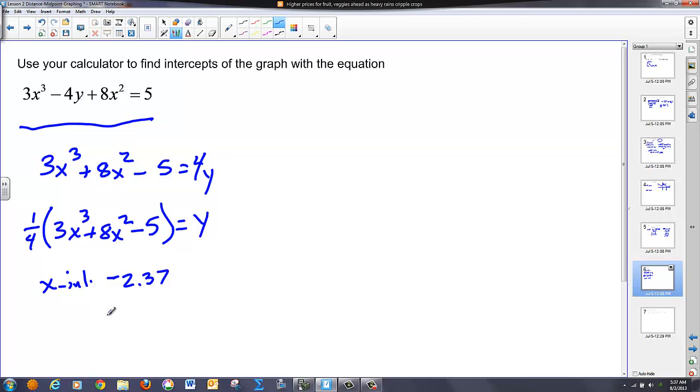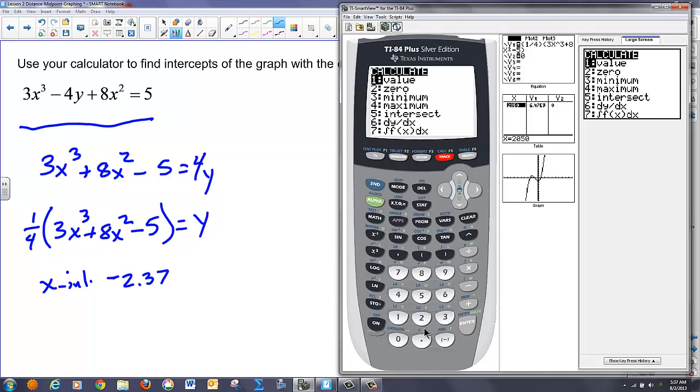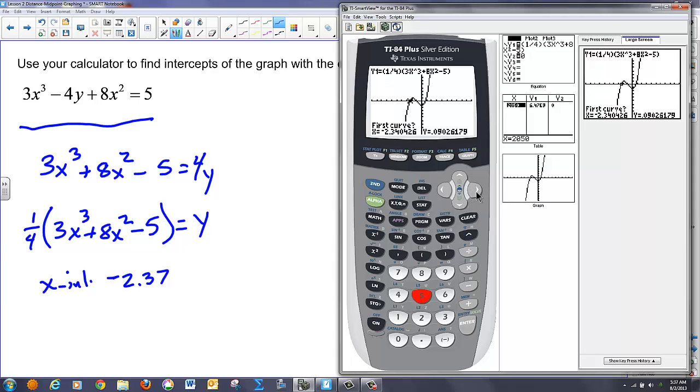So there's 1. Let's go back to our calculator again. I'm going to find the next intersection point by again going calculate, intersection. And this time I'm going to make that blinking dot go close to my next intersection and hit enter 3 times. 1, 2, 3. And it ends up being at negative 1.